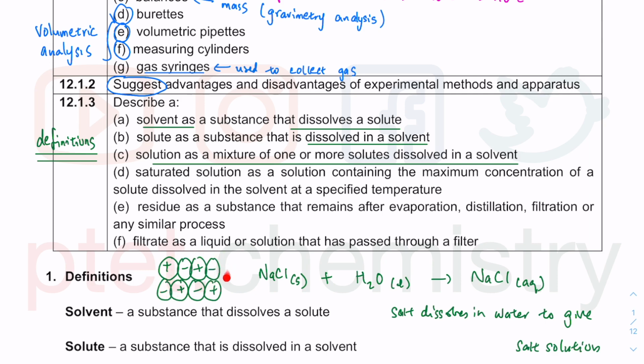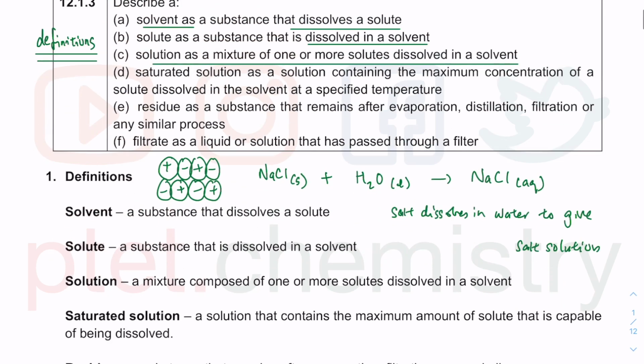That was part of the states of matter, the properties of solid. The ions are tightly packed in a solid state. They are not free to move around. They cannot conduct electricity at all in a solid state, whereas they can in the aqueous state because the ions become free to move around, because they're then surrounded by water molecules. So the salt dissolves in water. So the salt is what you would call a solute because the solute dissolves in the water.